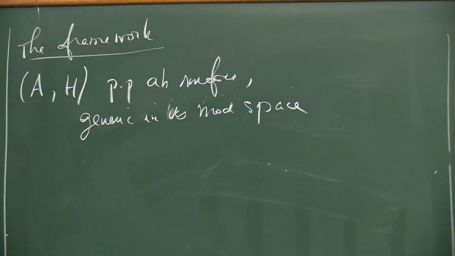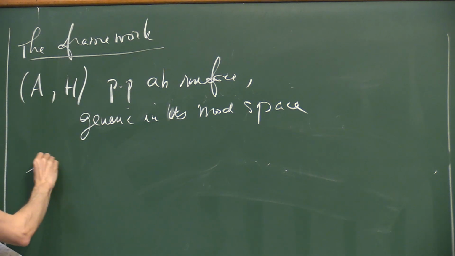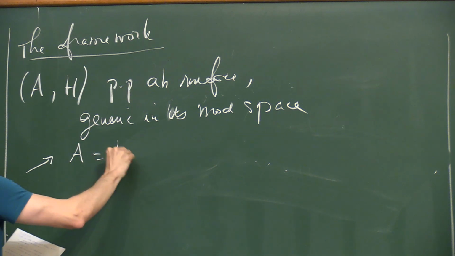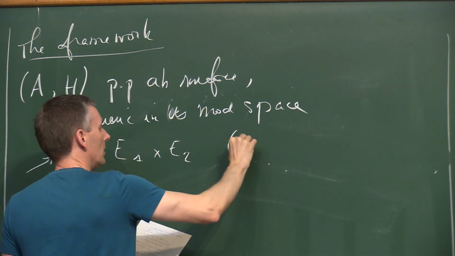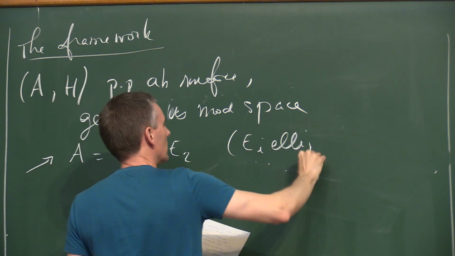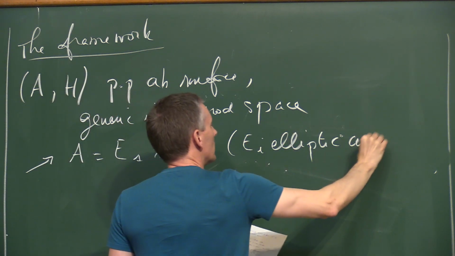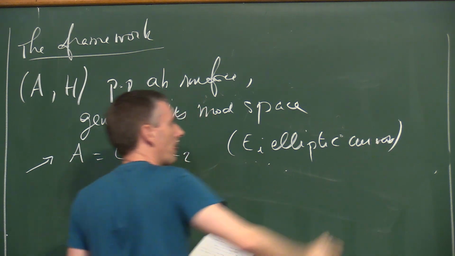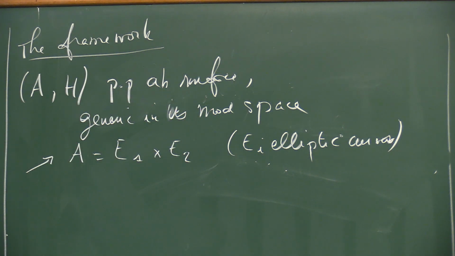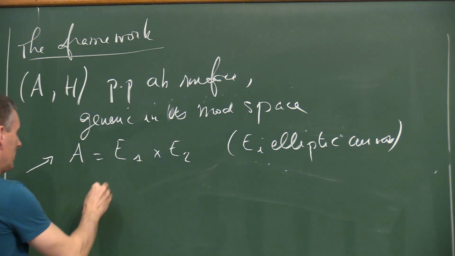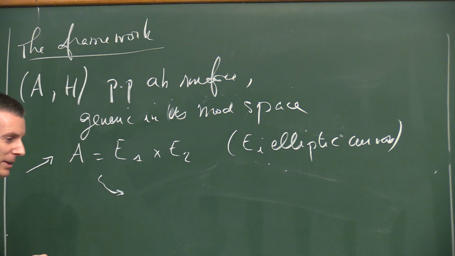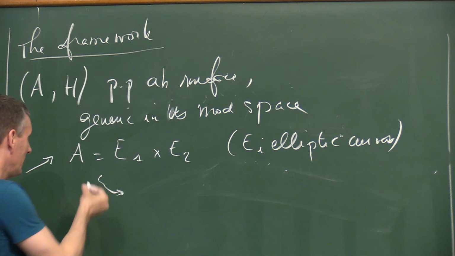Well, we have two possibilities. We could choose A to be a product of elliptic curves. It is not what we do, but I mention this because it has some importance in Alessandra's talk. So if she didn't tell it, let me tell it.